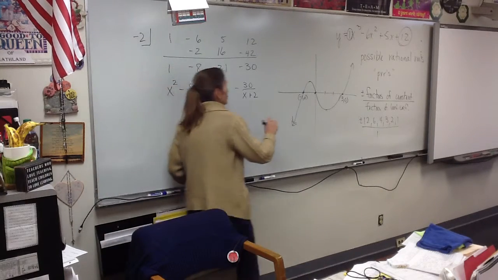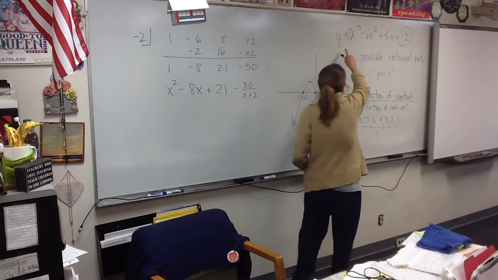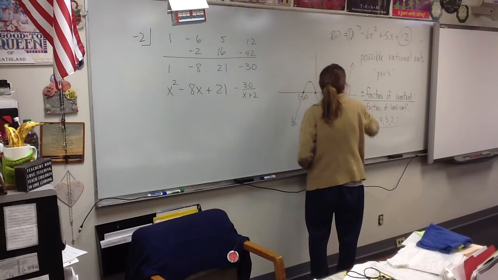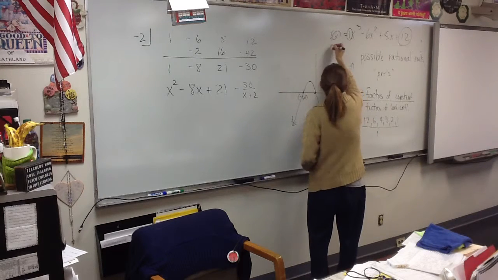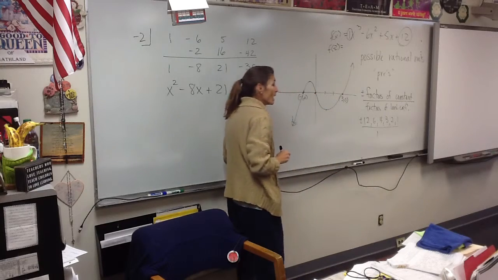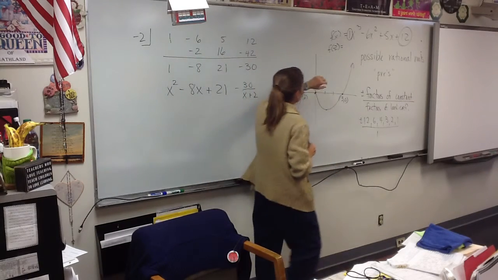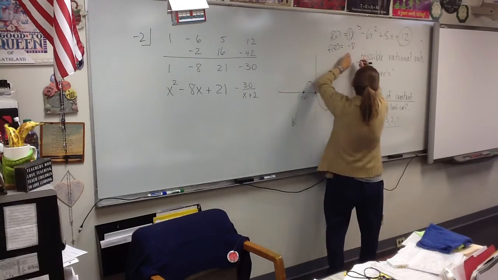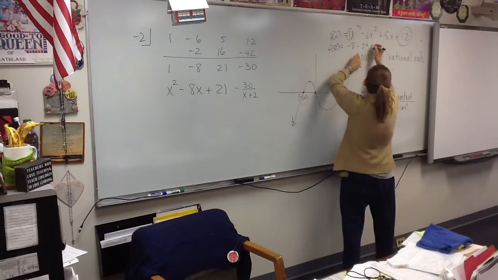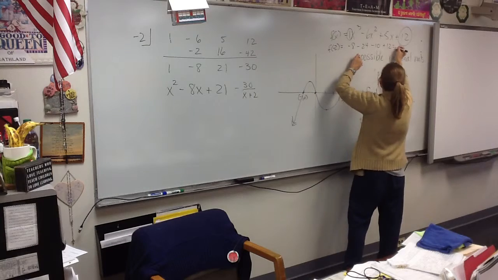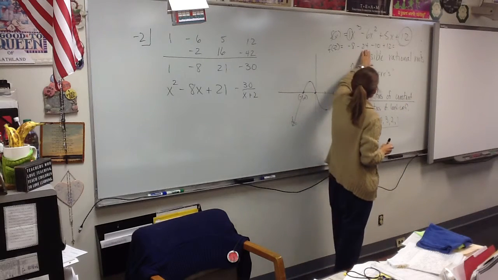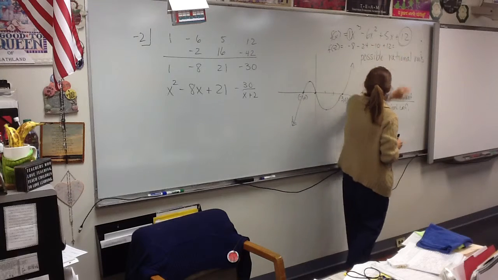If I were to go back to the problem and think of it as a function, and just plug in the number -2, not do all the division, but just plug in -2, I would have -8 minus 24 minus 10 plus 12. What does that add up to? -8, -24, -10 plus 12.